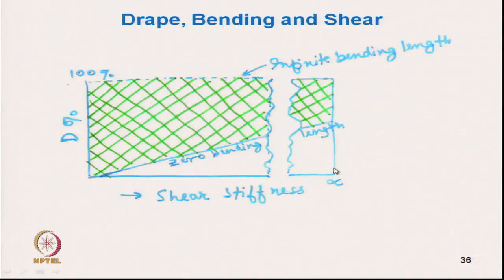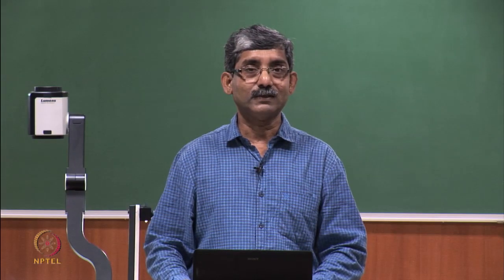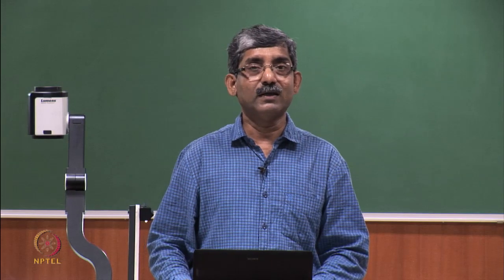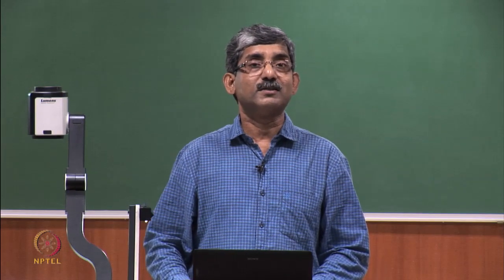And the last part is that there is a direct relationship. The diagram shows the relationship between shear stiffness, drape coefficient, drape percent, and the bending length. Now, let us try to see one by one. Suppose a fabric has 0 shear stiffness.